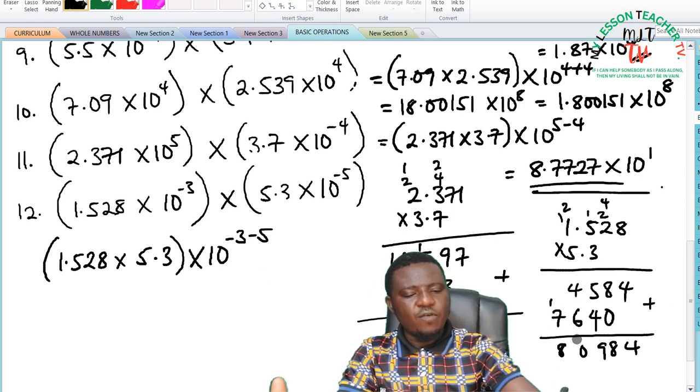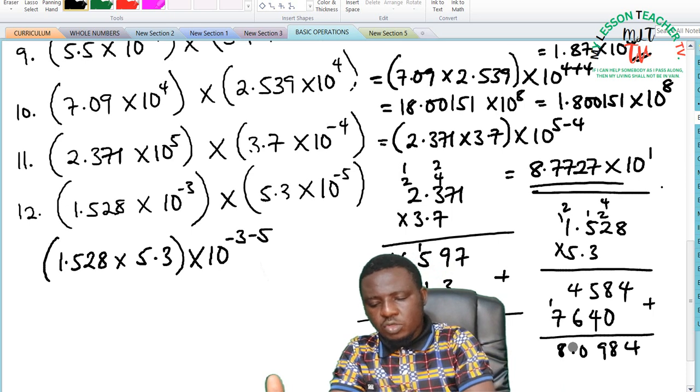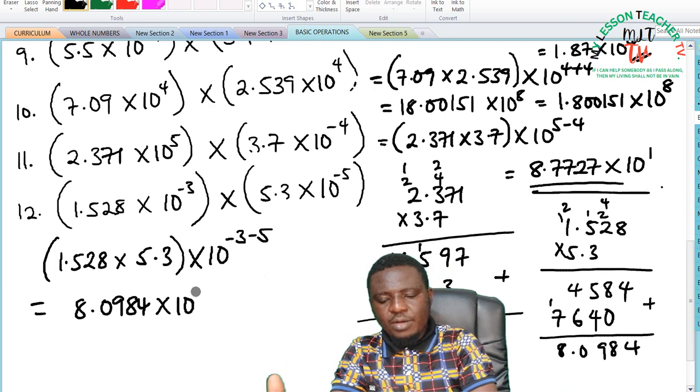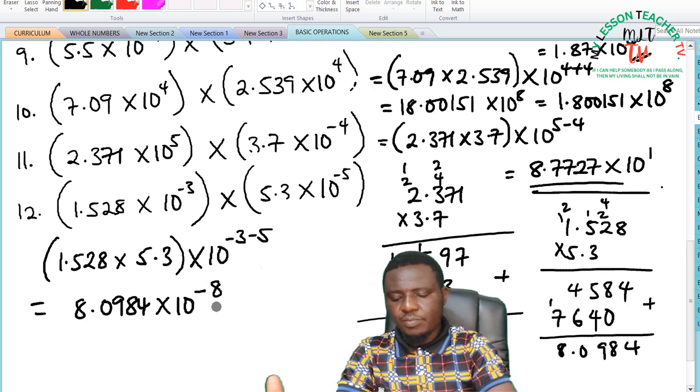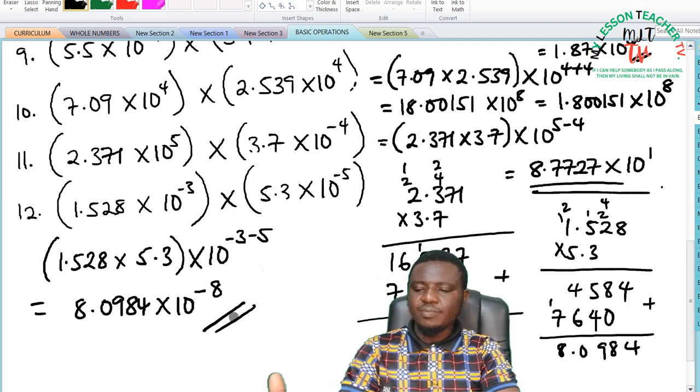And we have 4 places of decimal, so this is said to be 8.0984. So this is equal to 8.0984 times 10 raised to the power of minus 8, because minus 3 minus 5 gives us minus 8. So this is what you will get.